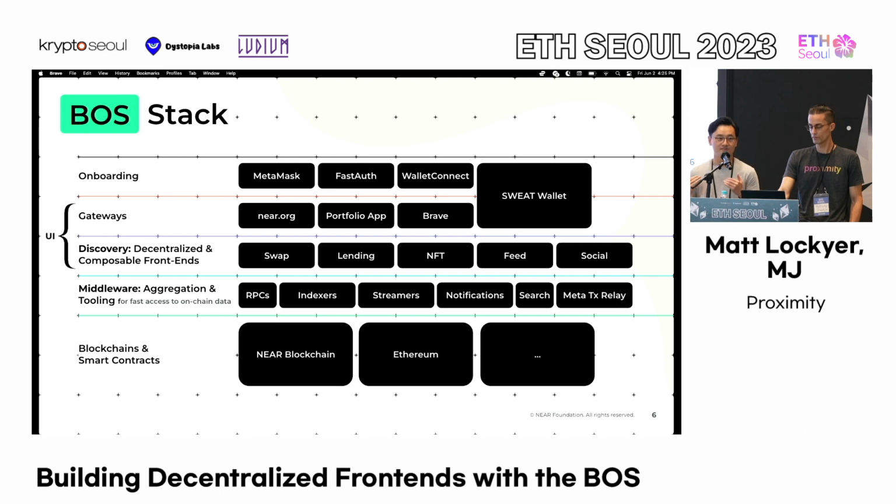And then on top of the middleware layer, we have the user interface layer. This is really the new layer we are introducing with the blockchain operating system. You can think of it as a new paradigm for developing and deploying your front-end applications. The way it works is very simple. If you have a front end, you can componentize it into a BOS component.